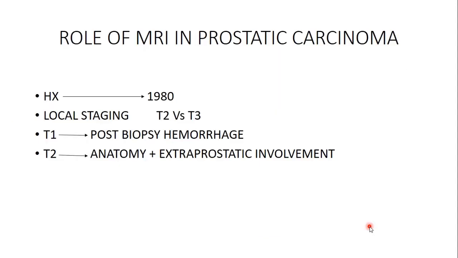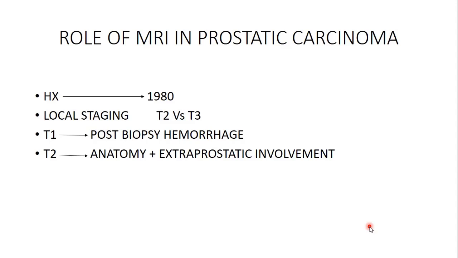MRI has been used in the diagnosis of prostate cancer since 1980. Initially, it was used in local staging of the disease. There were 2 standard images: T1 images, which better show post-biopsy hemorrhage, and T2 images, which better explain anatomy and extra-prostatic involvement. Whenever we talk about MRI, the main currency is signals.